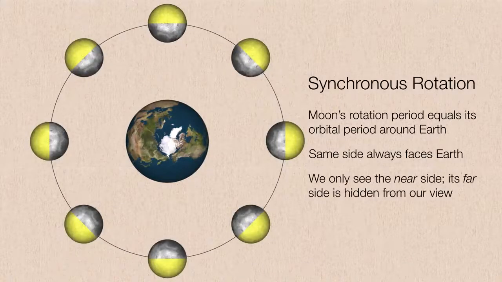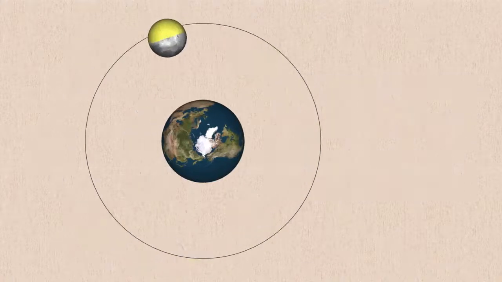And it's for this reason that we always see the same side of the moon facing the Earth. Therefore, the far side, by definition, is forever hidden from our view. As we saw in the previous images, if we wanted to actually view the far side of the moon, you have to go there, or at least send a spacecraft there to take a picture and send it back.